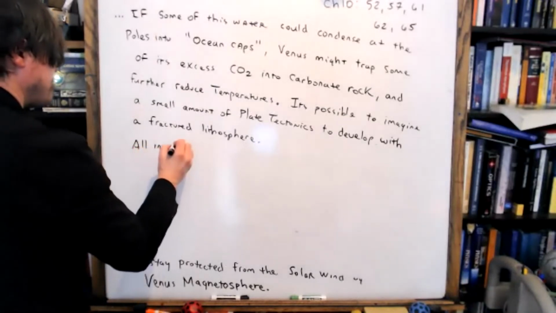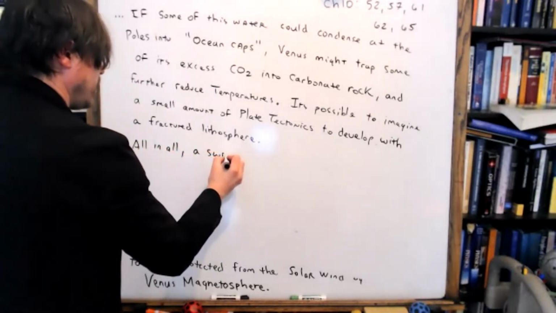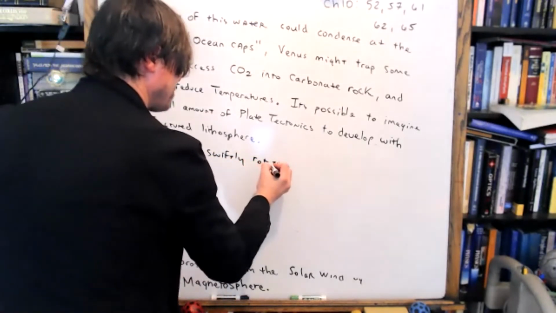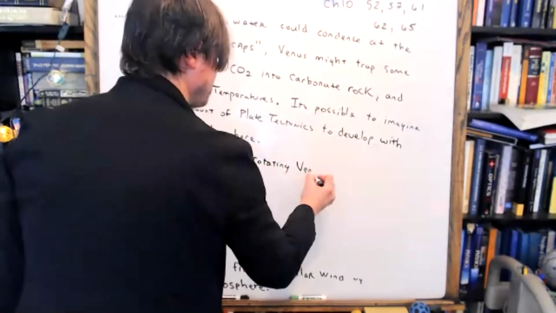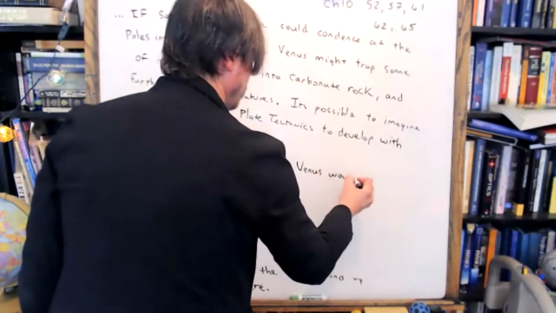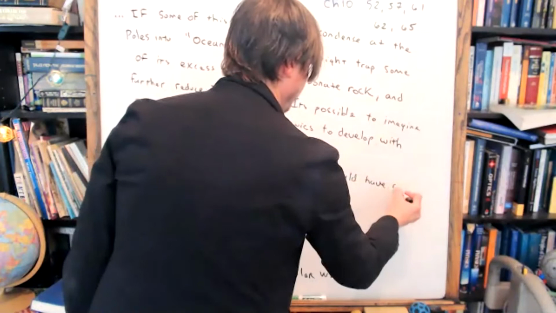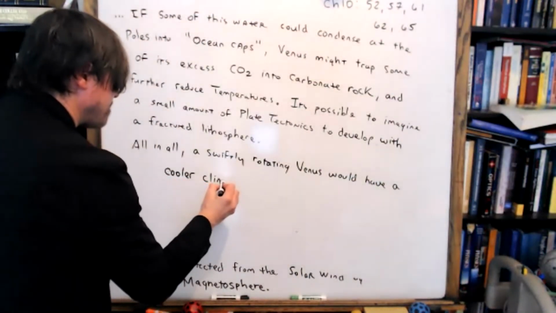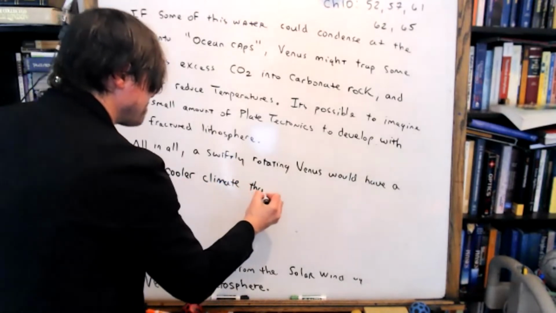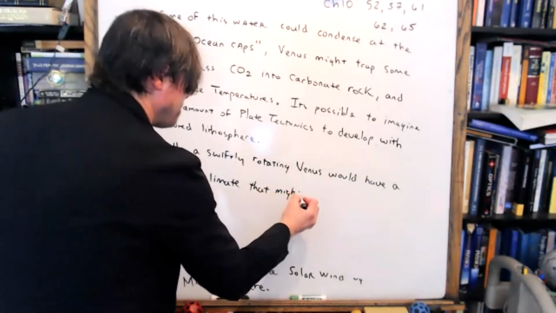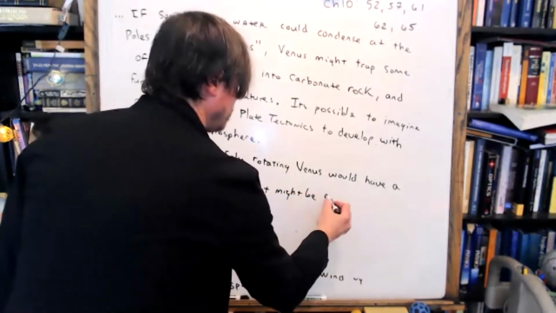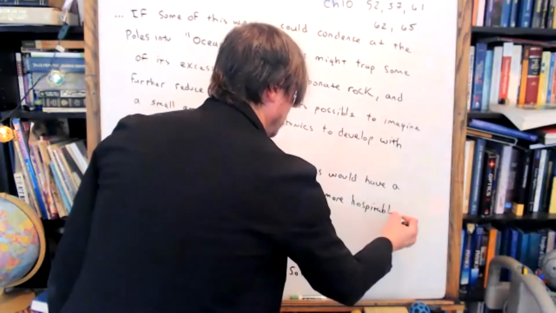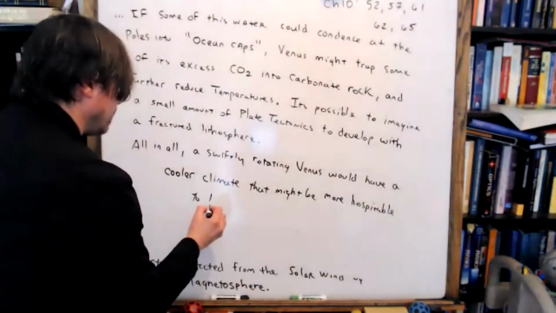All in all, a swiftly rotating Venus would have a cooler climate that might be more hospitable to life.